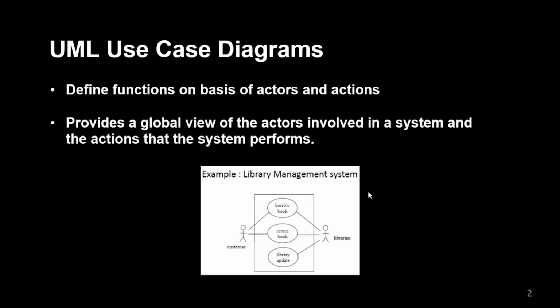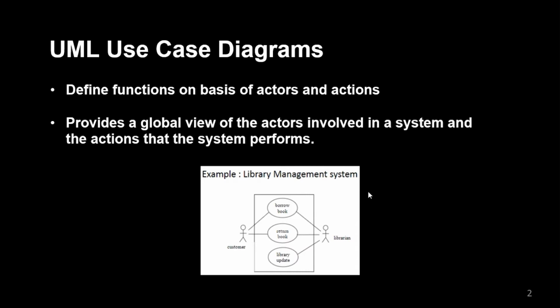It is one kind of graphical representation, the global view about your system, that is how your actors are involved in the system and what actions they can perform for your system.